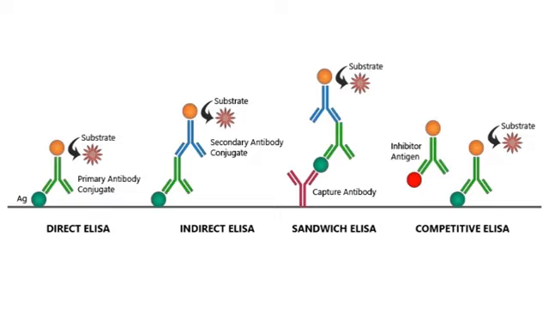And this sandwich technique can also be done by adding a primary antibody that has an enzyme linked and not necessarily adding a secondary antibody. So if this detector antibody has an enzyme linked, then we can add the substrate, and again, if the color develops, it will be detected by the plate reader.